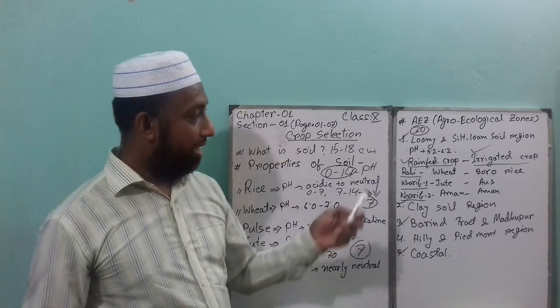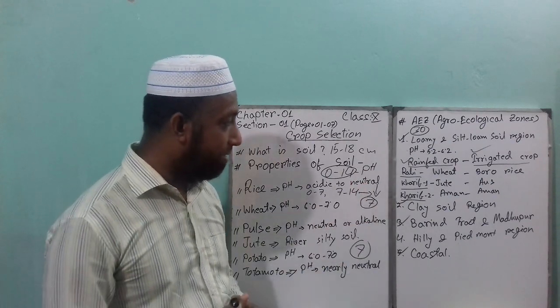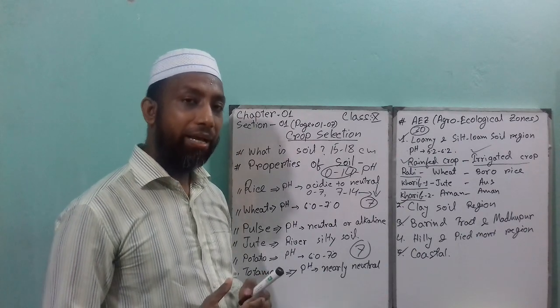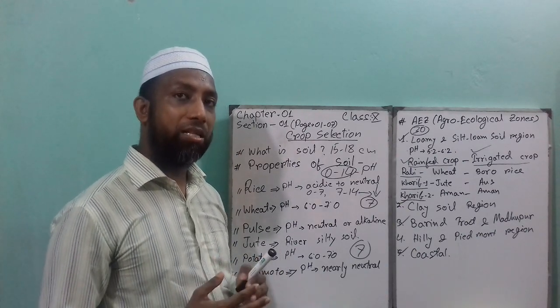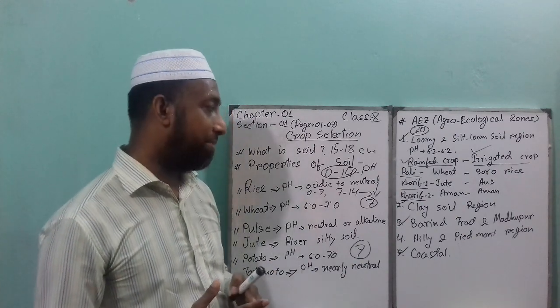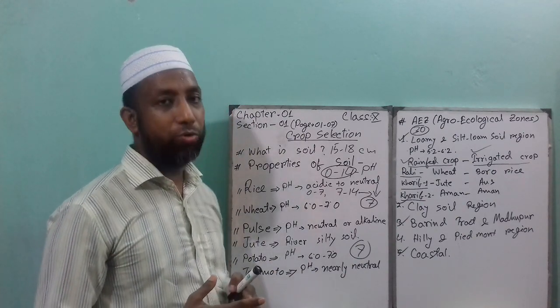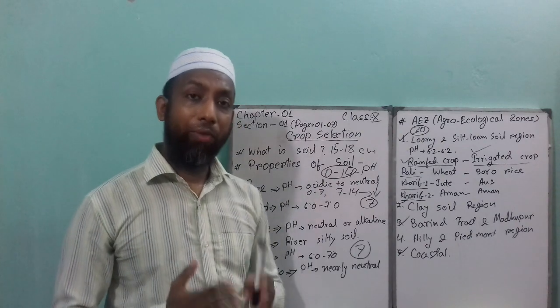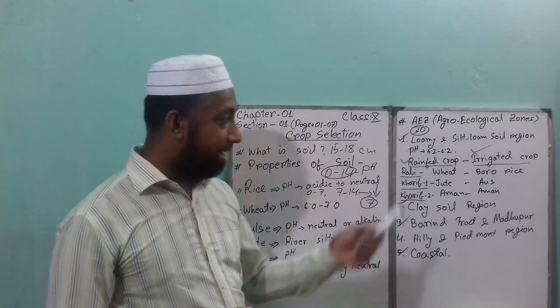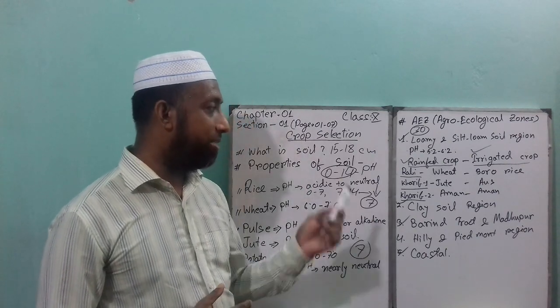In here rain-fed crops in Rabi season would be wheat, then sugarcane, lentil, mustard, this type of crops. And in Kharif 1 season we can cultivate jute, something like that, and Kharif 2 season we can cultivate transplanted rice, local variety.